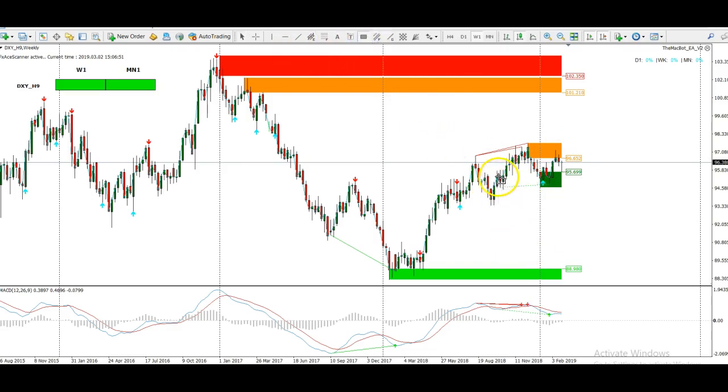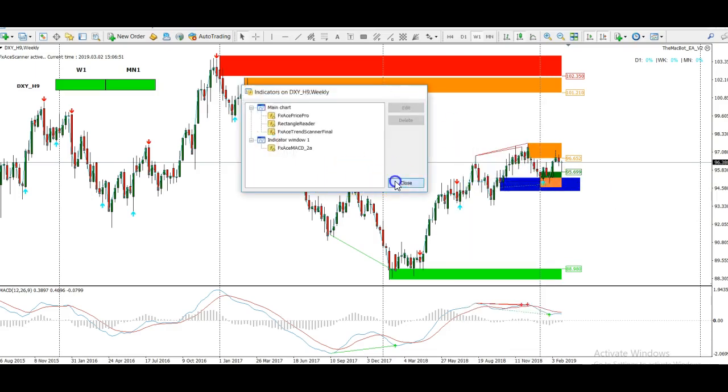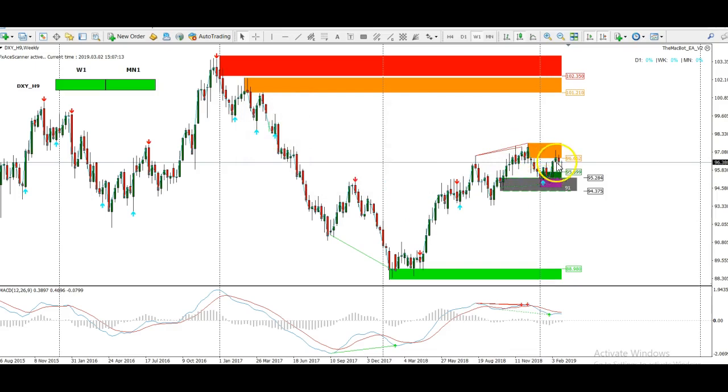We're getting a reverse divergence to the upside, so this month we could likely see further gains on the US dollar. You can see it's come down to test this and is getting a reaction. It's creating higher highs, comes down to test it, so this is likely to pop back up and create a higher high. It's just reacting to this area here. So this month could see possible further gains on the US dollar.